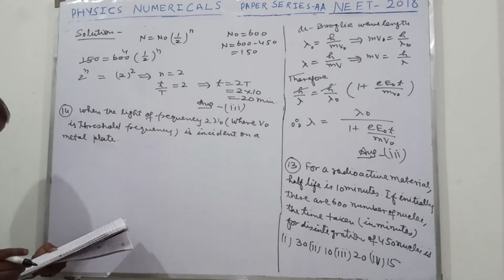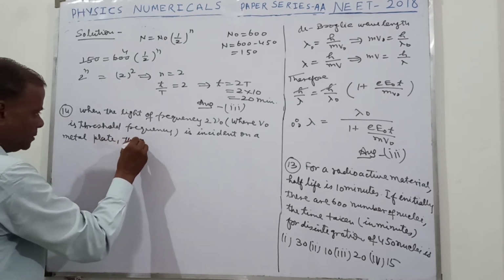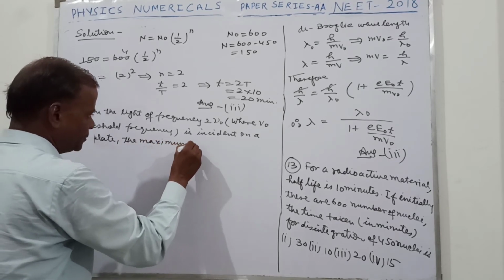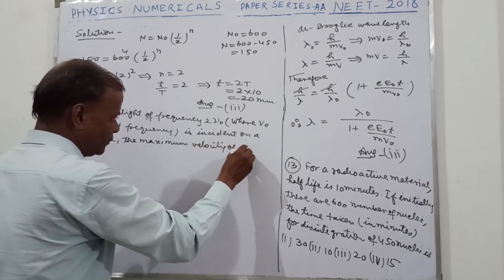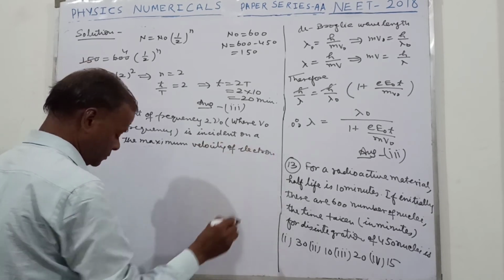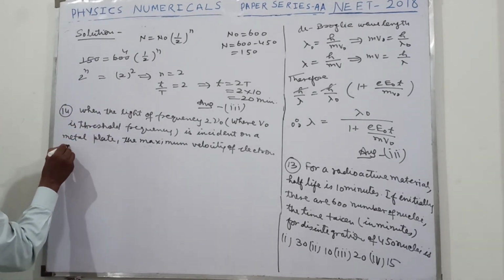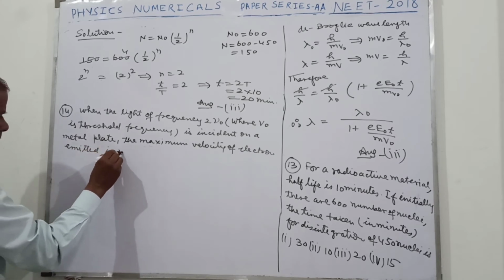the maximum velocity of electron emitted is B1.